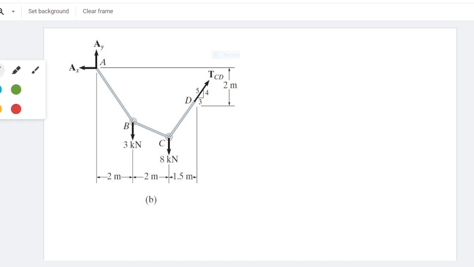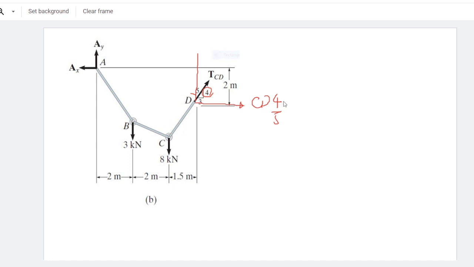Okay, here we need to get the components. Horizontal components, take note you have CD. Just copy this vertical, or the slope 4, and then this hypotenuse which is 5. Now for the vertical component you have also CD.